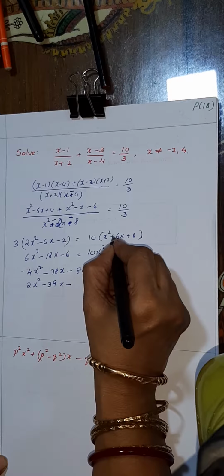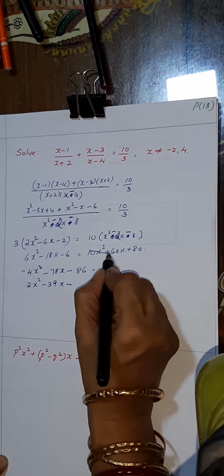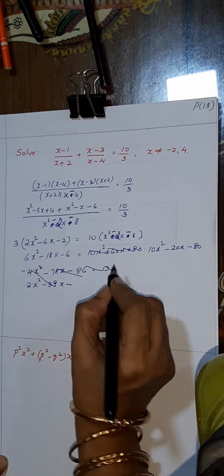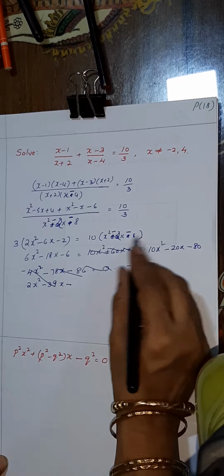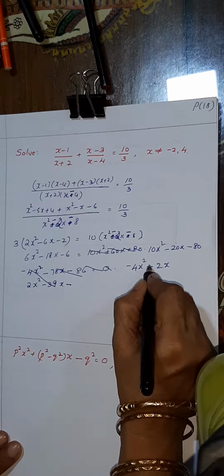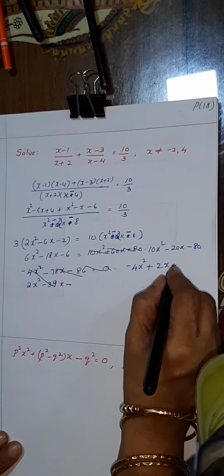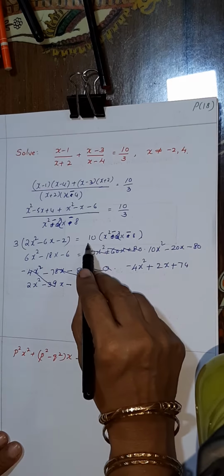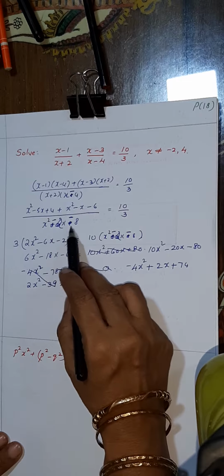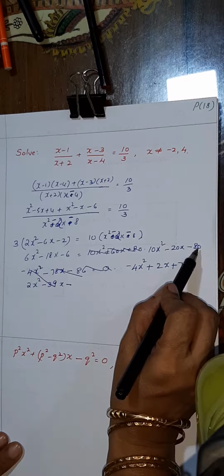So 10 into x squared minus 2x minus 8, that is 10x squared minus 20x minus 80.